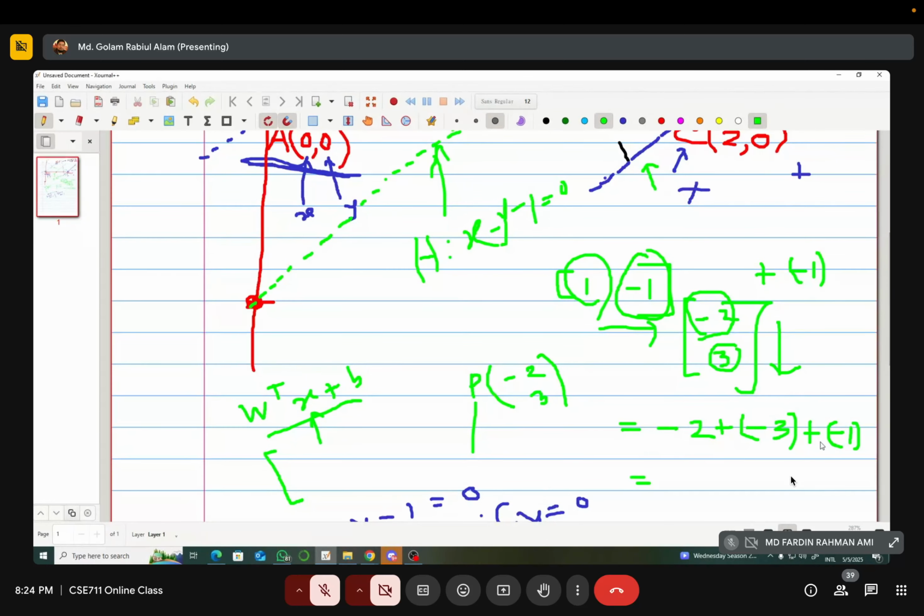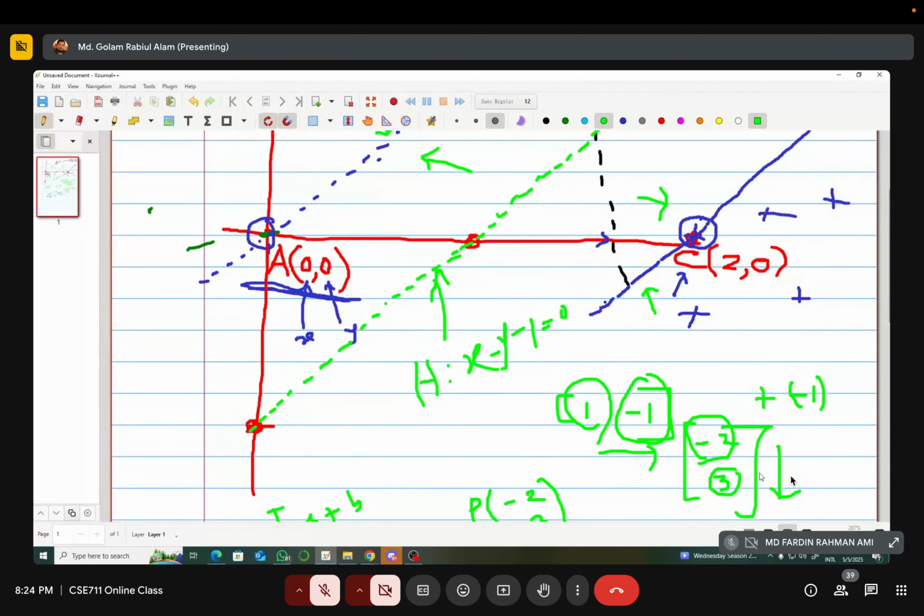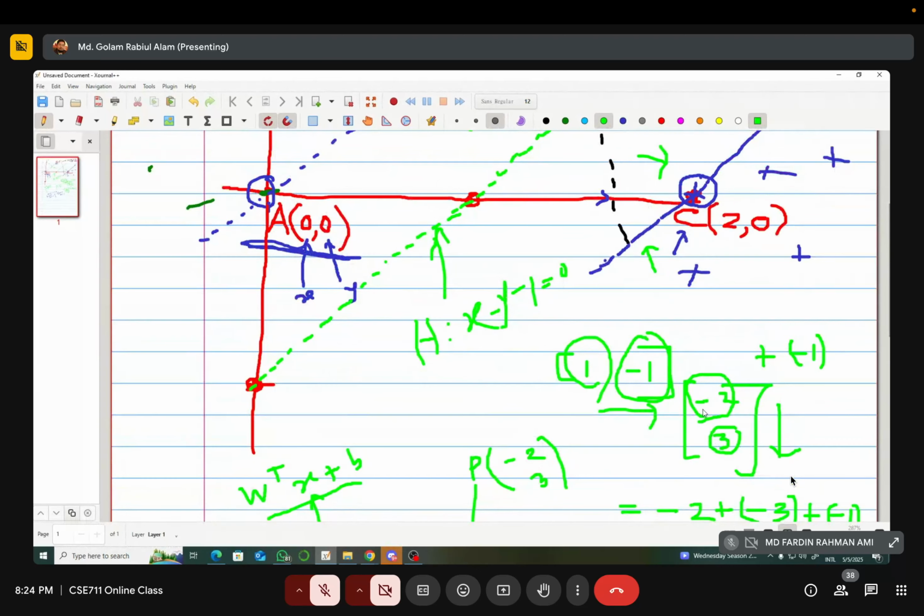So -2, -3, -1. That is -6. And the sign is important here. That is -6.